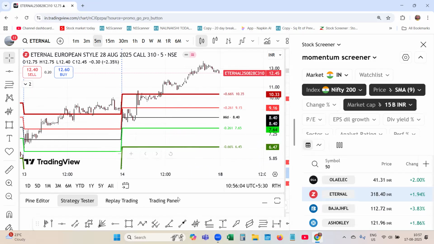You can enter into this trade. You could have entered into this trade and see the beauty. If you would have entered, keeping 7.65 as your stop loss, you need to have a stop loss. And if you could have traded with this, it has finally gone to 13.8.